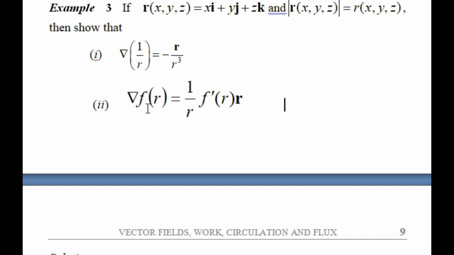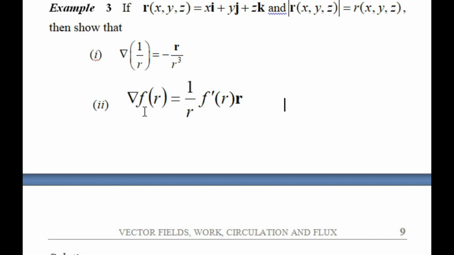What is the variable r? r is the scalar function here, r of xyz, and it depends on 3 variables x, y and z. Remember that. Don't think that f is a function involving r alone. r is not an independent variable. It is a dependent variable. It depends on x, y and z. So ultimately this f depends on x, y and z.